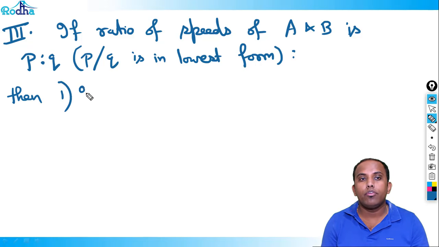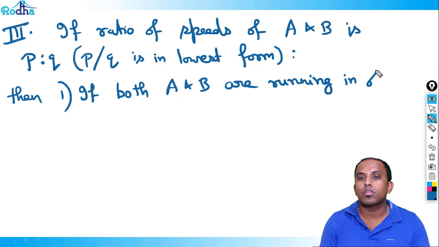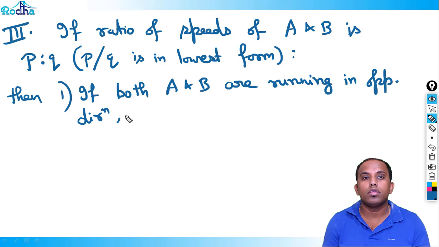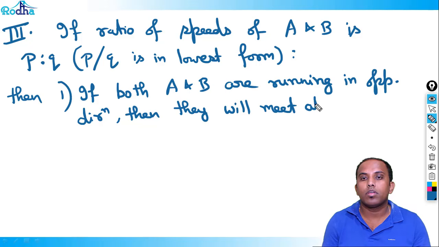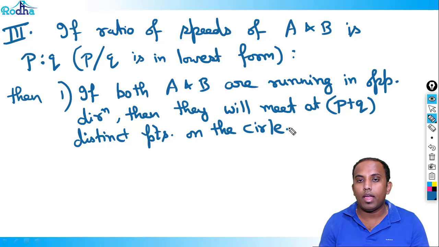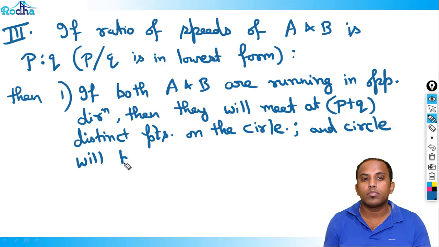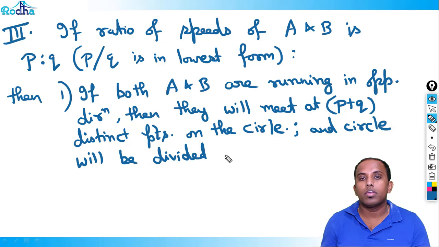first point: if both A and B are running in opposite direction, then they will meet at P plus Q distinct points on the circle, and the circle will be divided into P plus Q equal parts.